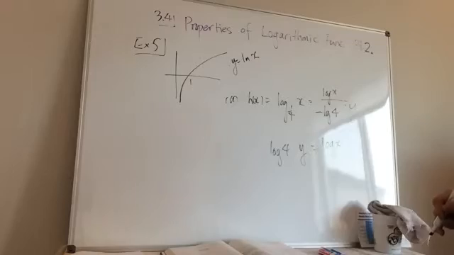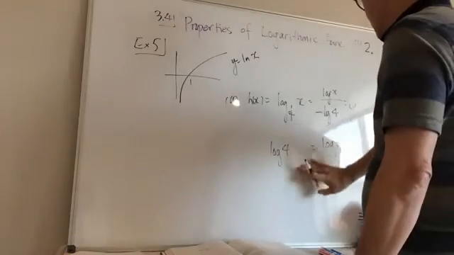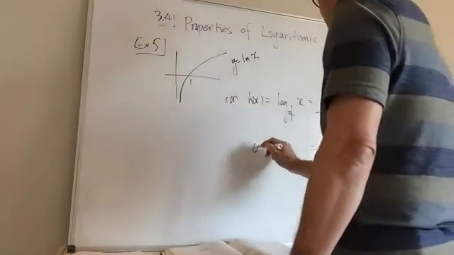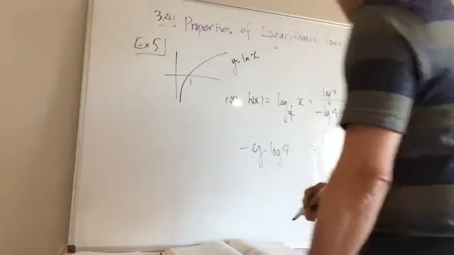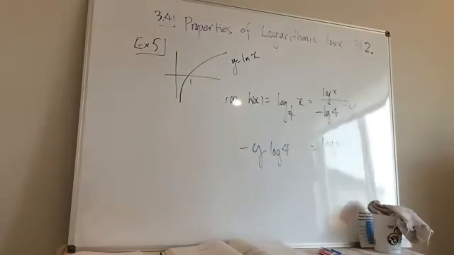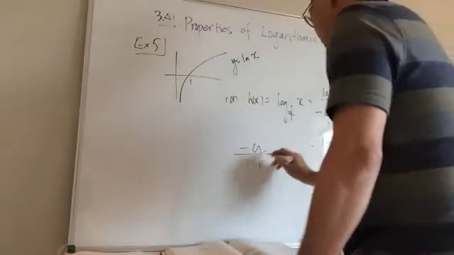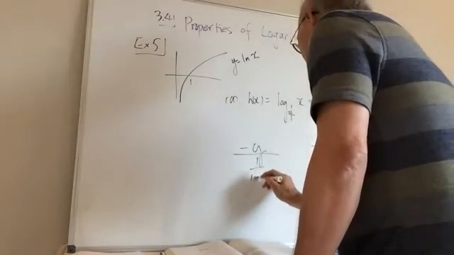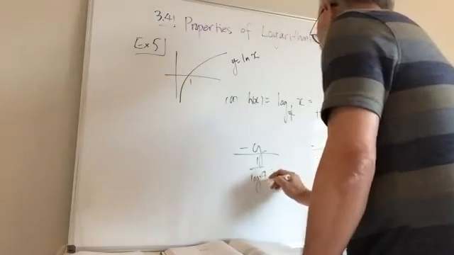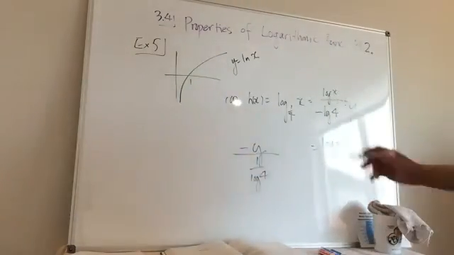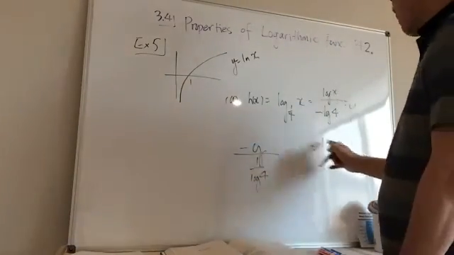Let's see where we're going to put the negative. Let's not do it this way. Let's go ahead and put the negative over here. So again, we're going to do the 1 over log of 4 thing here. We start with y is equal to log of x.